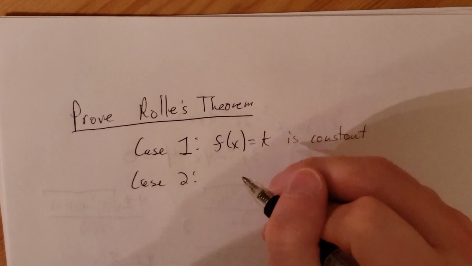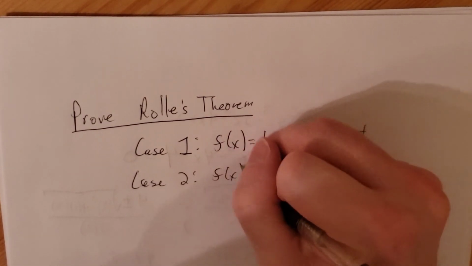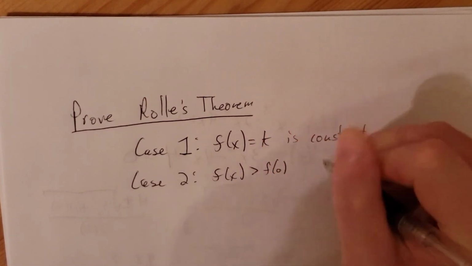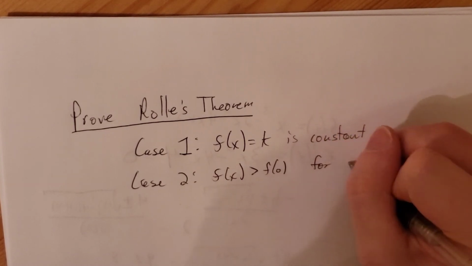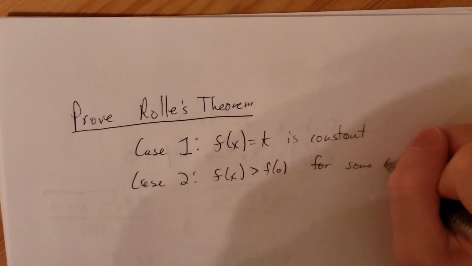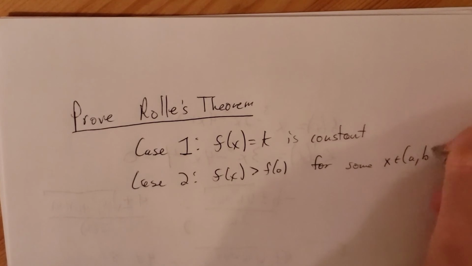Case 2 is what if f of x is greater than f of a for some x in the interval a to b?